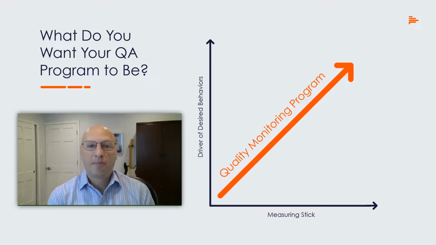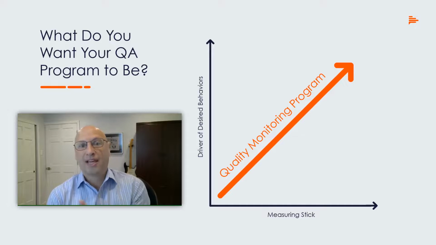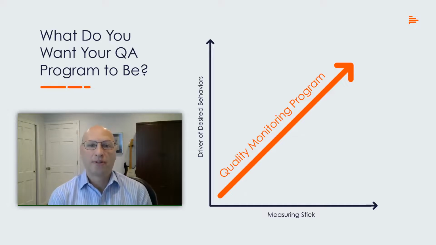What should our quality monitoring program actually be? It's been my experience that a quality monitoring program should really be made up of two equal parts. The first of which is a measuring stick of how we're doing against certain standards that we've set so that we can actually have a gauge of how we're doing relative to those standards.